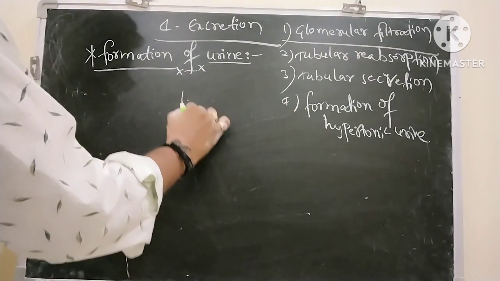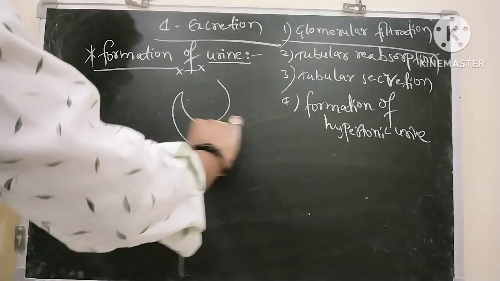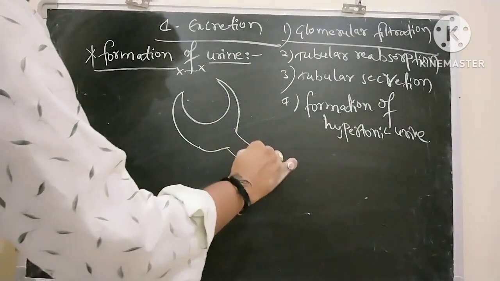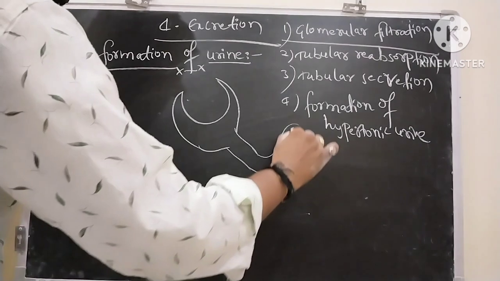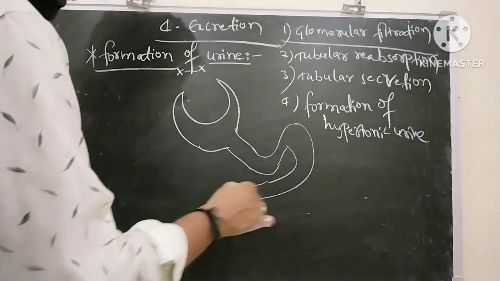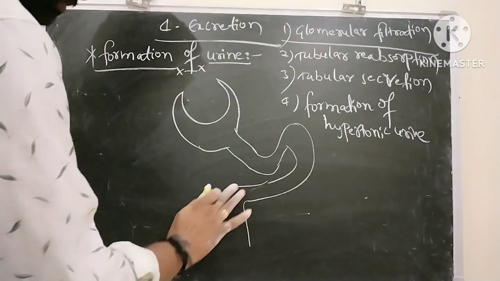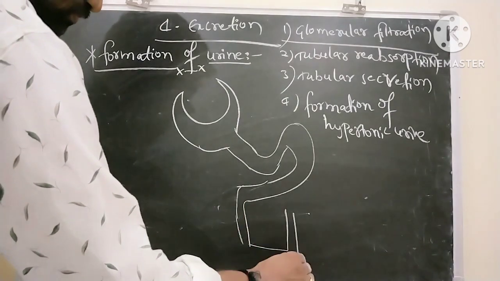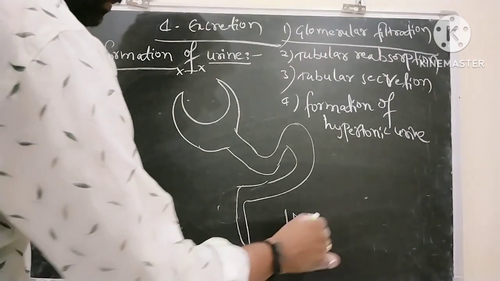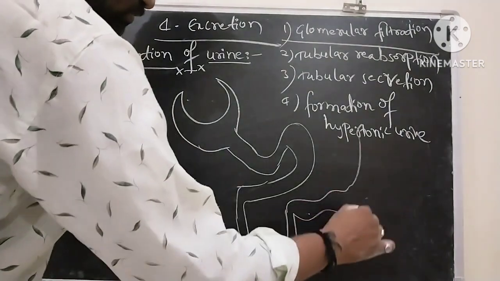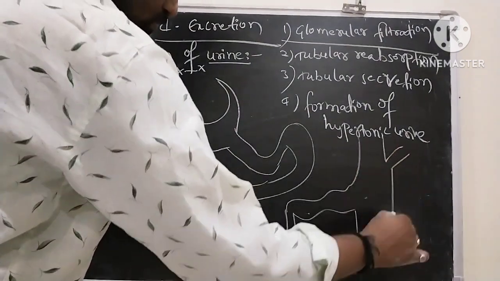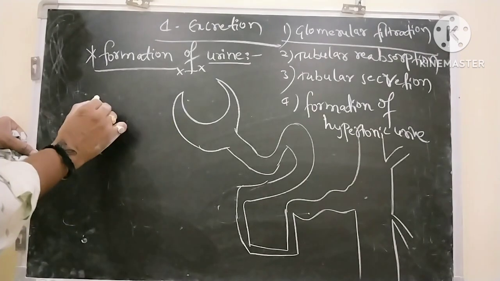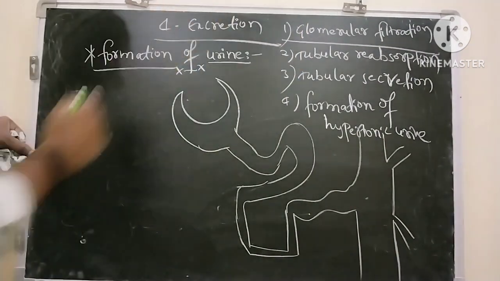Once again, we have to draw the diagram of nephron to understand the formation of urine. Right. First, what will happen? First one is the glomerular filtration, right?